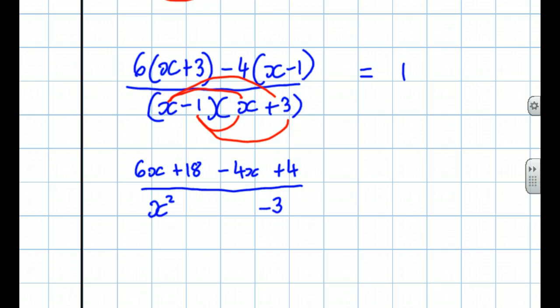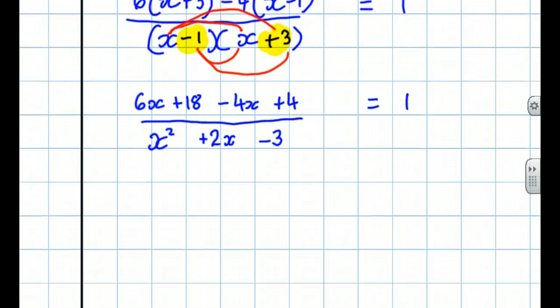Now in the middle, here's the quick way when both the x terms are just x: add the constant terms together. Minus 1 plus 3 is plus 2, so it's going to be plus 2x in the middle, equals 1.